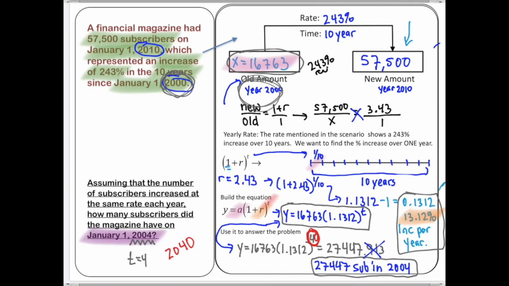So that's one of the uses of writing an equation, because it allows us to make predictions and find out some past information that we couldn't do just using this original scenario here. Okay, so let's go ahead and I'll meet you in the final example here and see where that takes us.